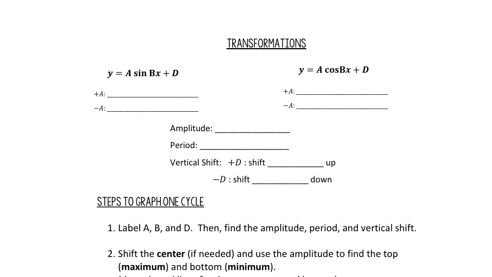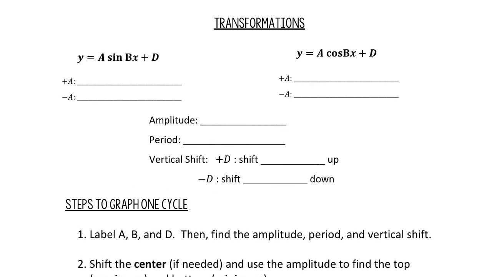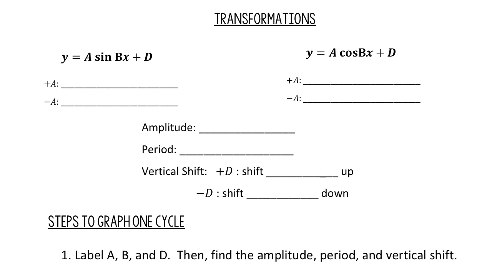This next page, we're going to sum up the transformations that can occur, starting with amplitude, period, and vertical shift. So remember, the amplitude is just found by looking at the absolute value of A. The period is found by taking 2 pi and dividing by B. That'll affect your x-axis.